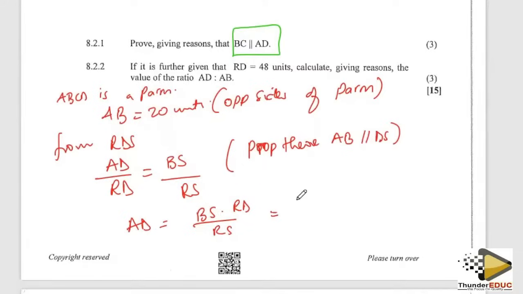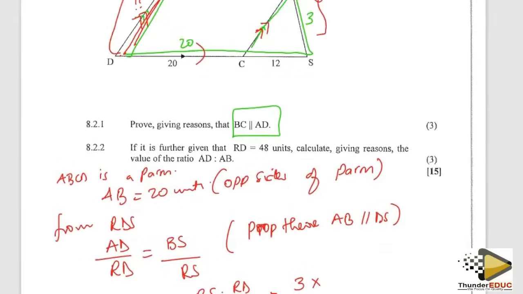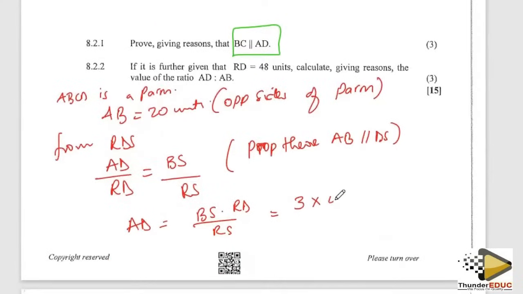So our BS, we said was 3. And then I'm multiplying the 3 by the RD, which is 48, and then I'm dividing it by 8. Not a 5, guys, it's not a 5. RS is 8, so that is the total length. It means I'm having 18 units.